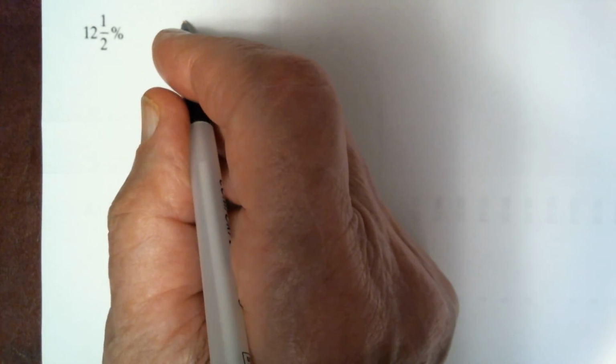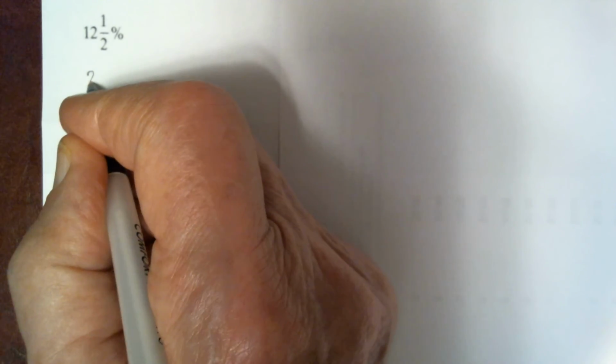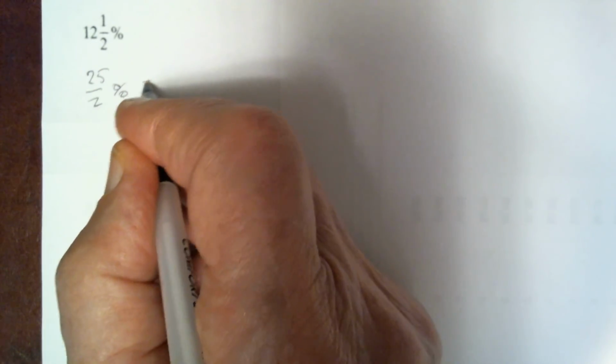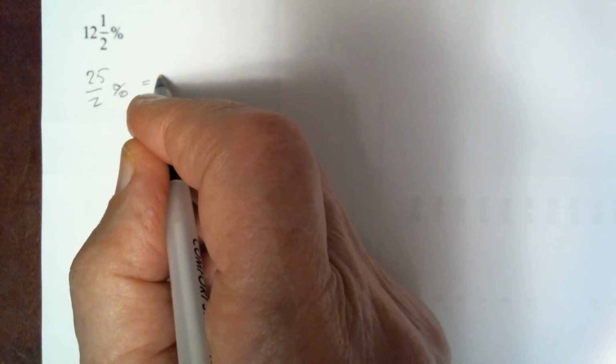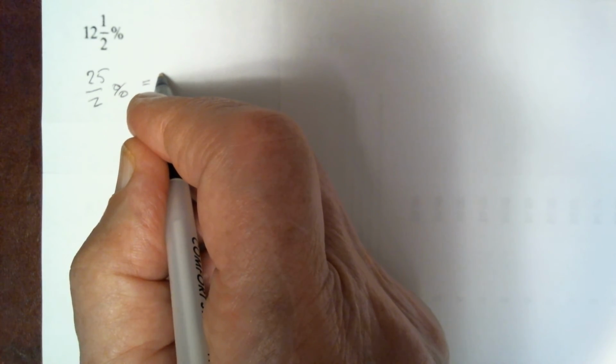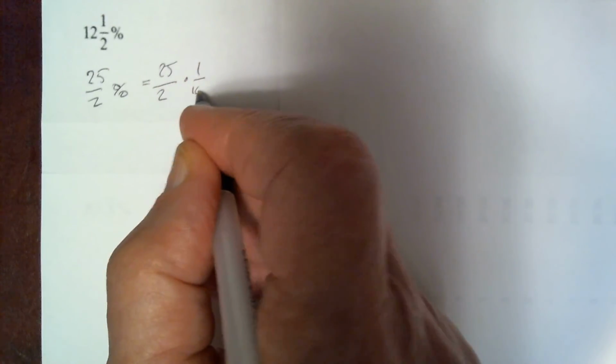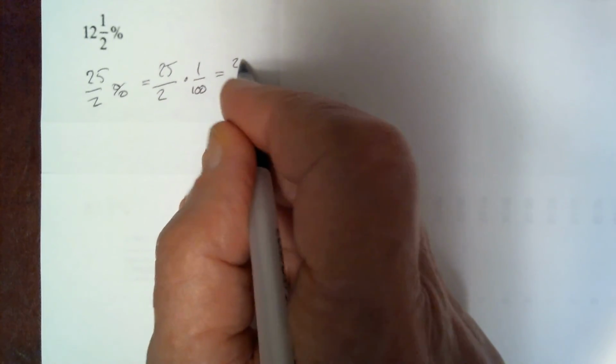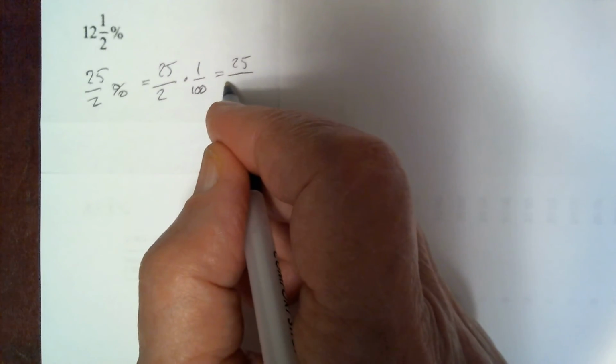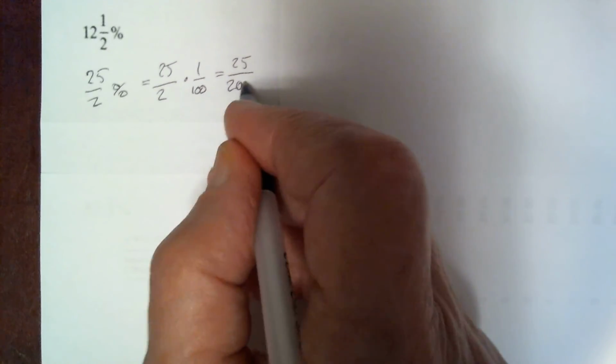So 12.5%, 2 times 12 is 24 plus 1 is 25 divided by 2, so 25 divided by 2%. And percent is equal to 1 times 1 divided by 100, so 25 divided by 2 times 1 divided by 100, and 1 times 25 is 25, and 2 times 100 is 200.